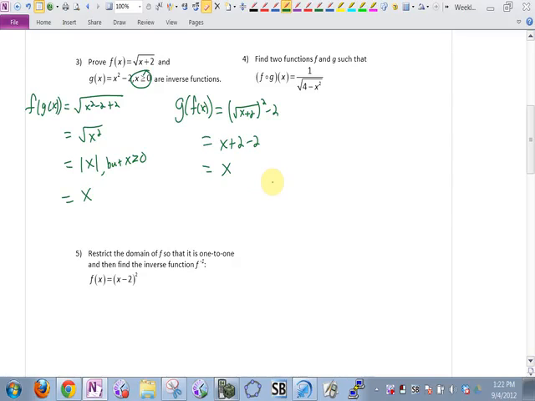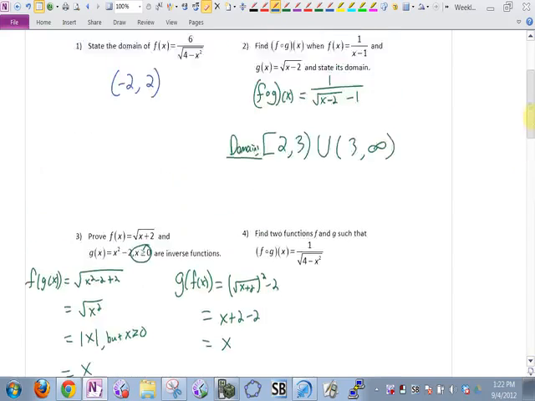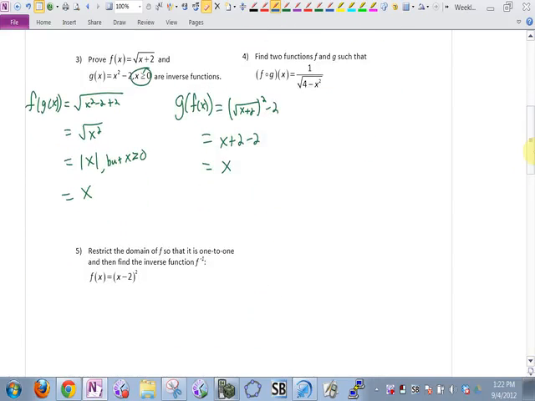Make sense? For number 4, a lot of people got it correct, even though I would really like to see one specific answer. The only answer that's really going to help you next year in calculus is if you call g of x 4 minus x squared and f of x 1 over radical x. That was the ideal one. Or even better yet, call that x to the negative 1/2.